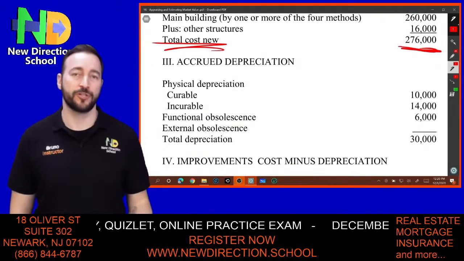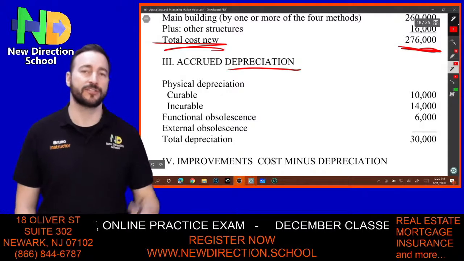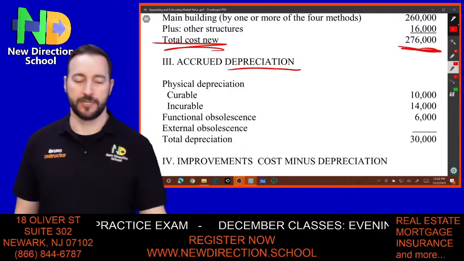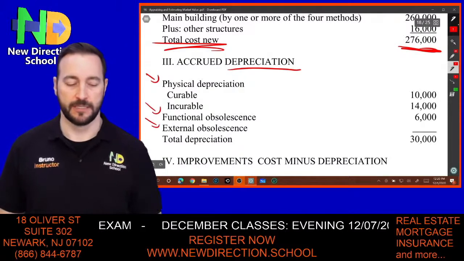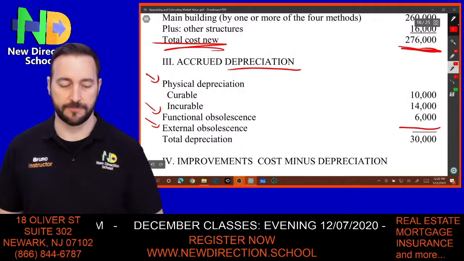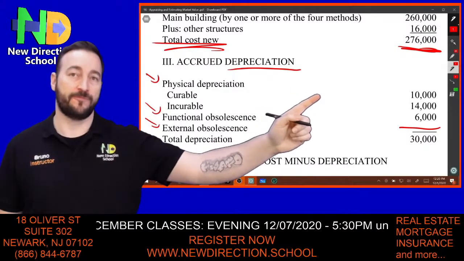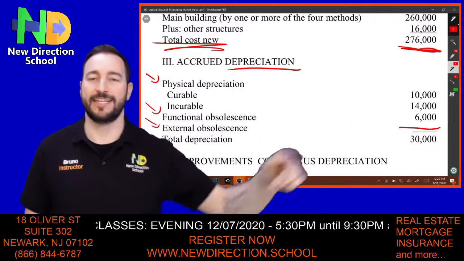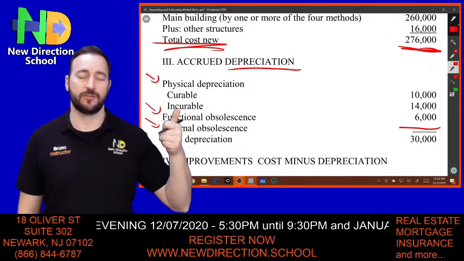We're going to apply depreciation. What is depreciation? Again, loss of value over time. Things lose value over time. So it could be physical, it could be functional, or external. In this case, we don't have external, right? But we have $10,000 worth of physical, curable depreciation, things we can do to the property. And we have an estimate of $14,000 loss of value of something we can't do, we cannot fix.